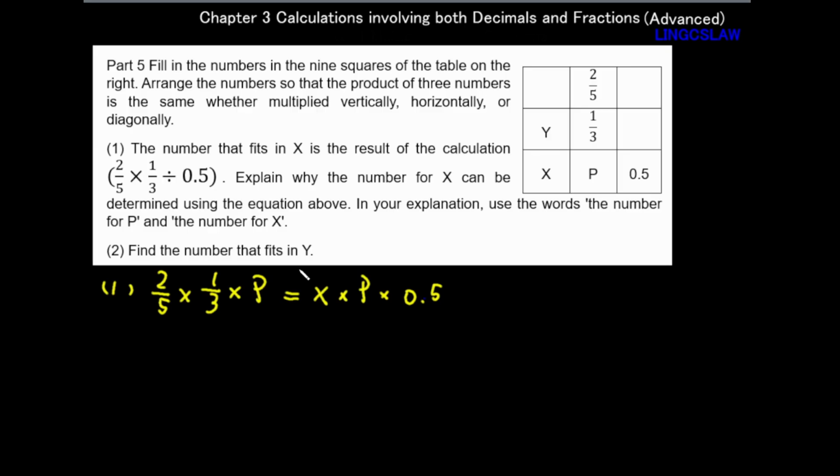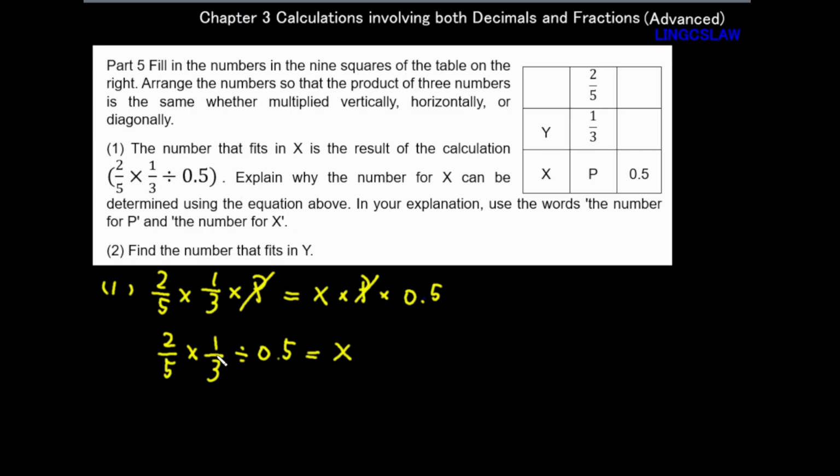Now let's multiply both sides by 1 over P, or let's divide both sides by P. So I can just erase this one. Then let's divide both sides by 0.5. That means 2 over 5 times 1 over 3 divided by 0.5 equals X. Now I got this equation.